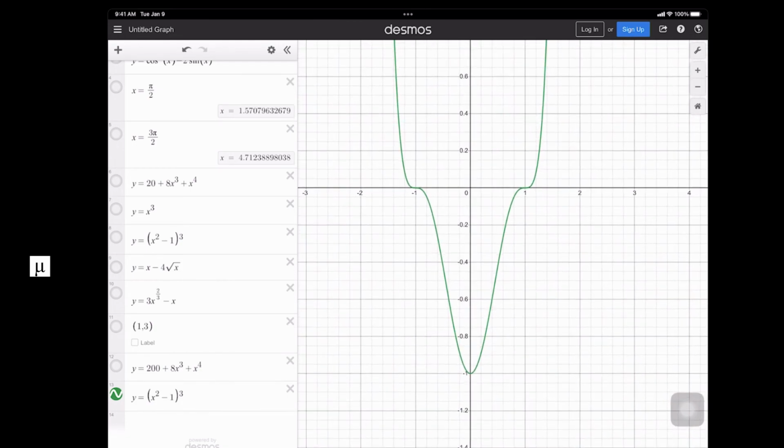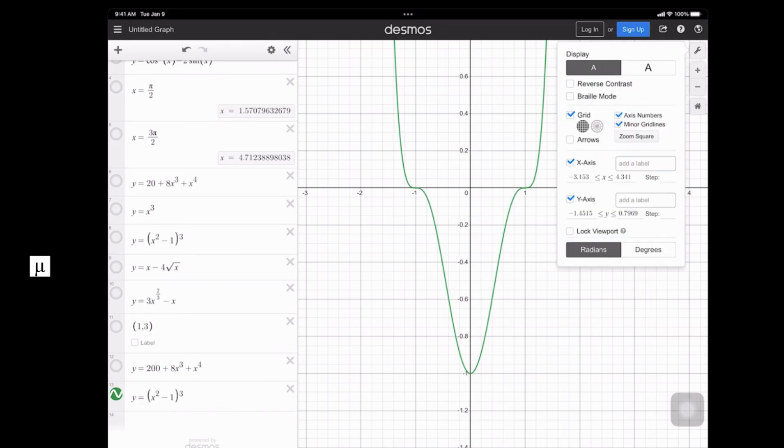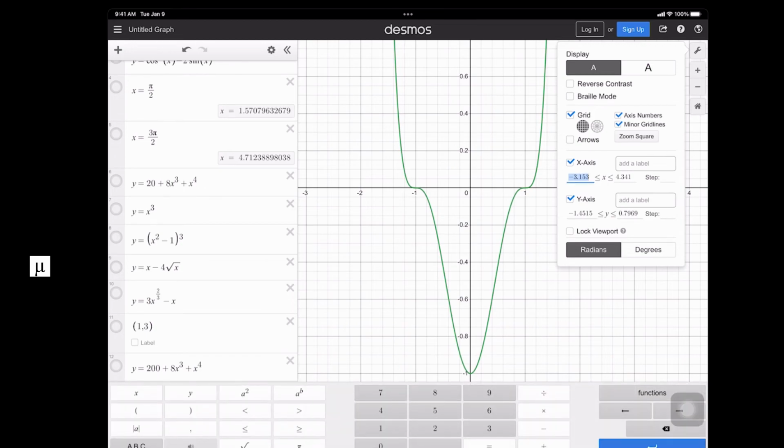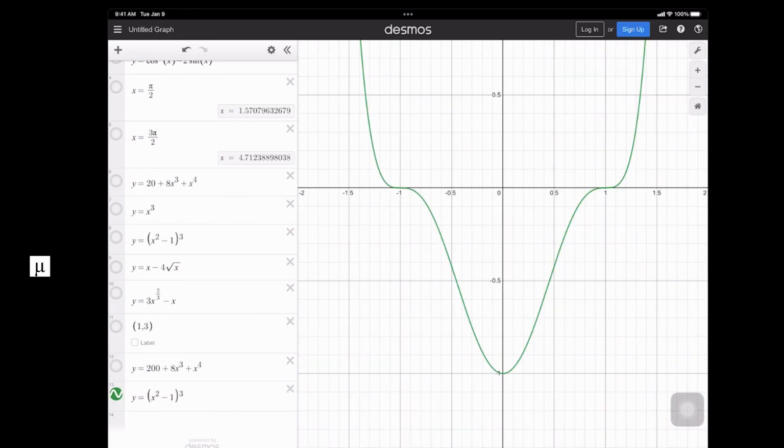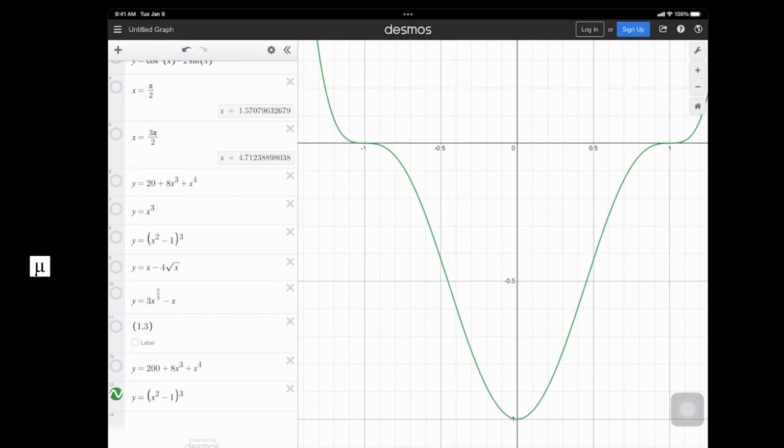Look at this. I can still do a little better. And you can't see it, but remember this -1/2 point?